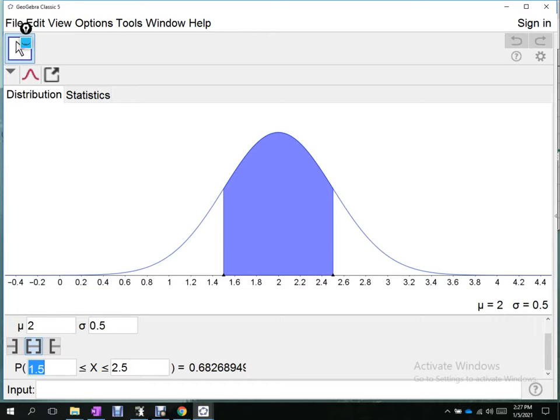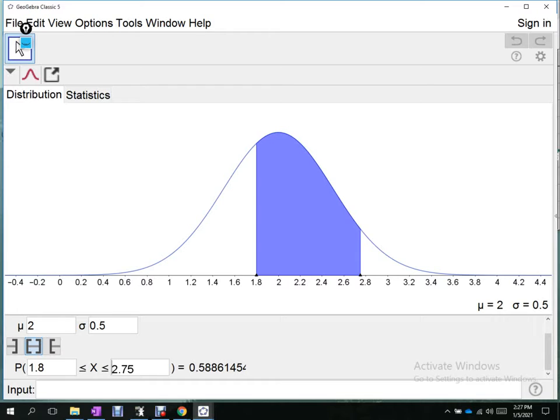In the problem, x is now in hours because I haven't standardized mu and sigma. So 1.8 came from the problem, and 2.75 also came from the problem. So that's the between statement that we're looking for. If I hit enter, does that still give me the same 0.58861? Does that make sense to everybody?